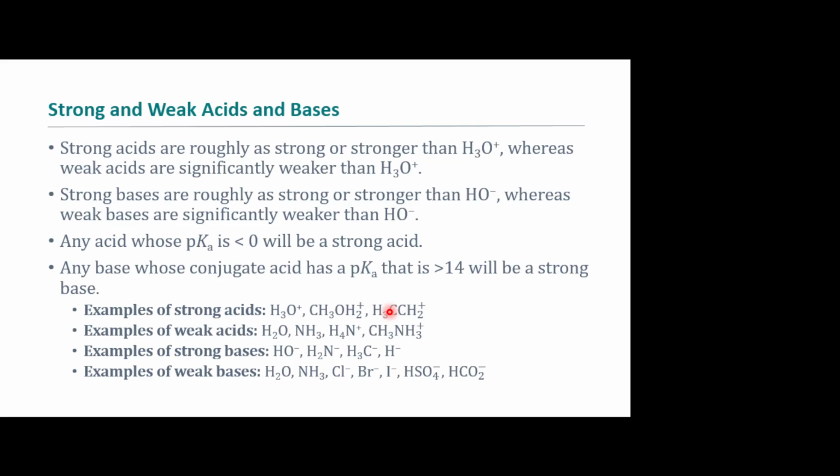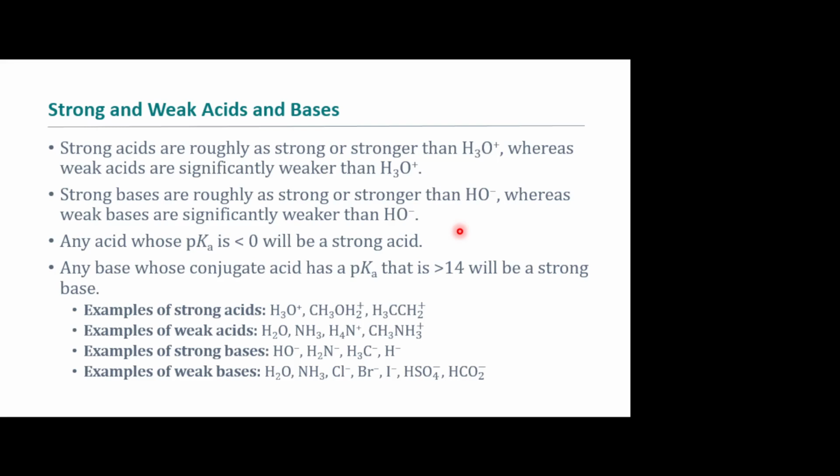Strong acids will be roughly stronger than H3O+. Weak acids are going to be significantly weaker than H3O+. That's the definition of a cutoff for strong and weak acids. The strong bases are going to be stronger than OH-. Weak bases are significantly weaker than OH-. That's the cutoff for bases as well.